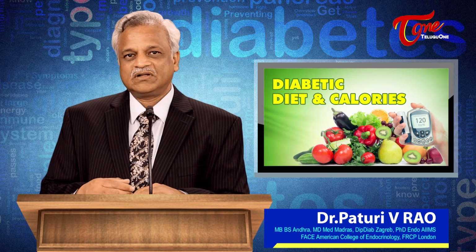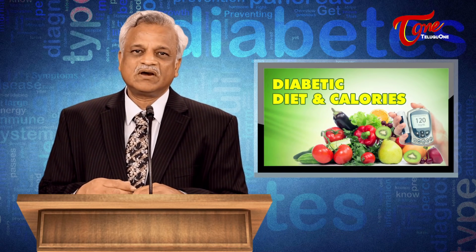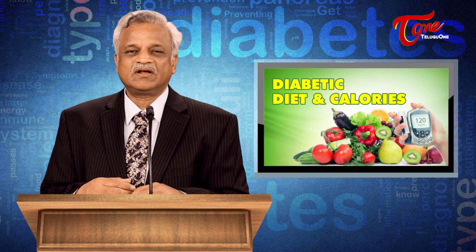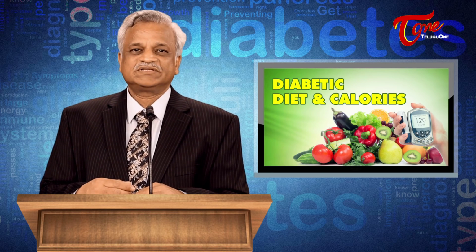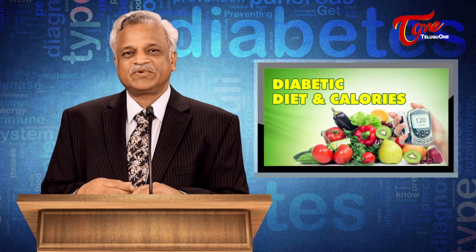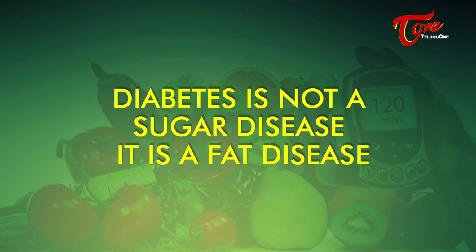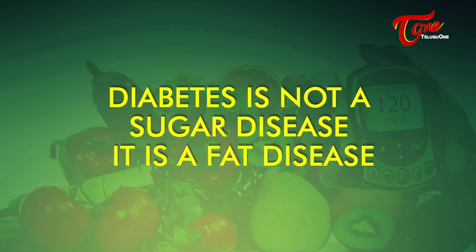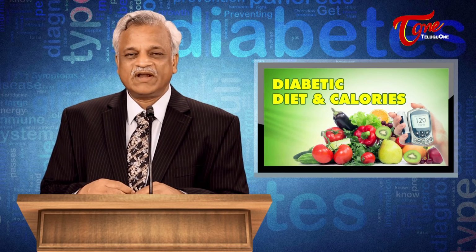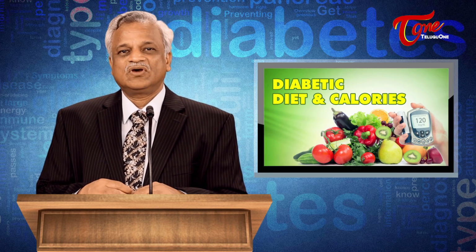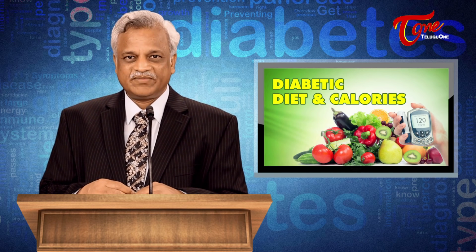Though we don't see all those fats, we don't count or measure all those fats in the blood, it's a fat disease. Please remember, diabetes is not a sugar disease, diabetes is a fat disease. If you are eating low fats or restricted fats, you are less prone to developing diabetes.